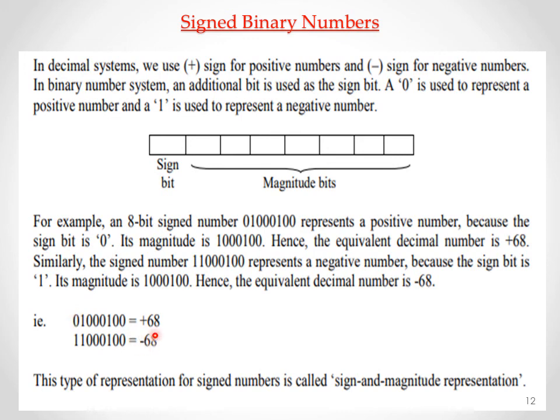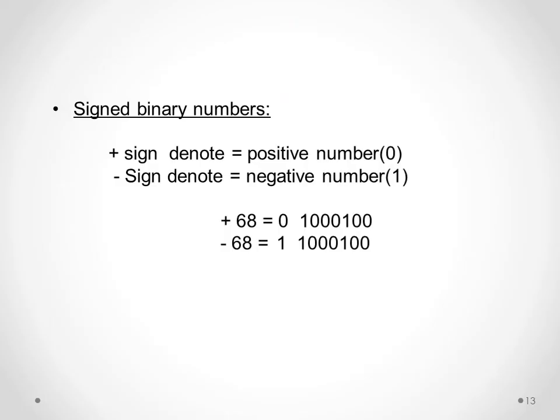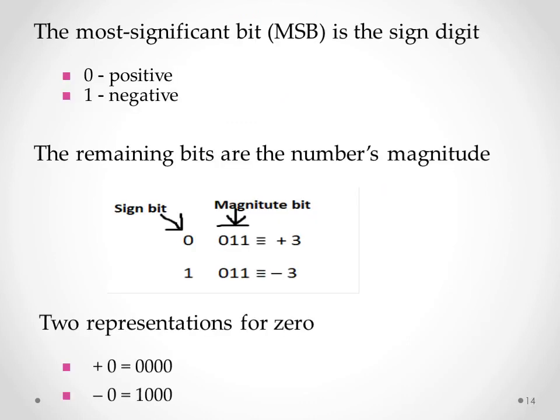For negative numbers, minus 68, this 1 is used to represent the negative number. This type of representation for signed numbers is called sign and magnitude representation. The most significant bit is the sign bit and the remaining bits are the magnitude bits.